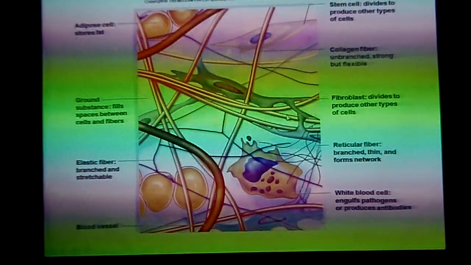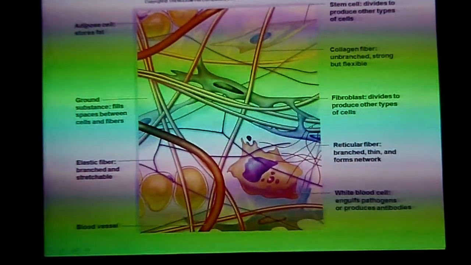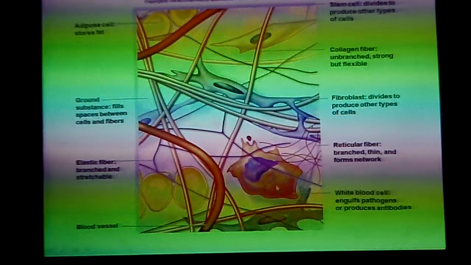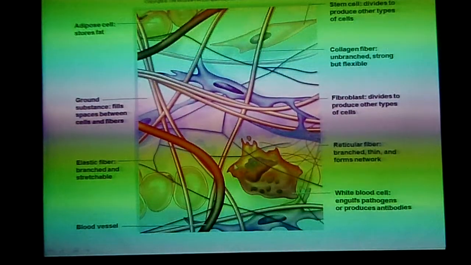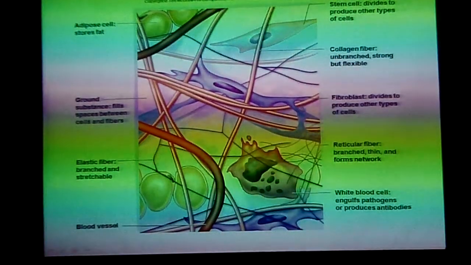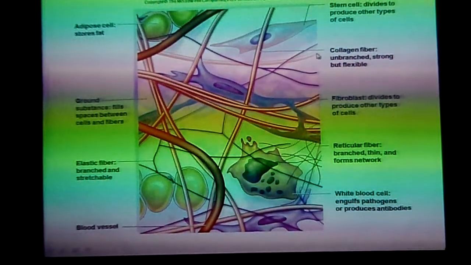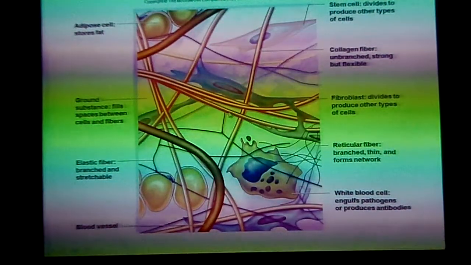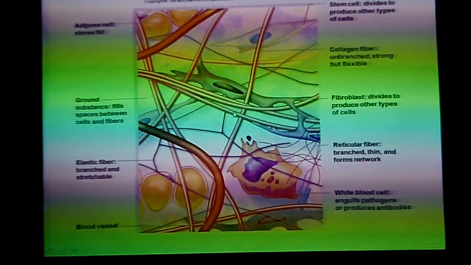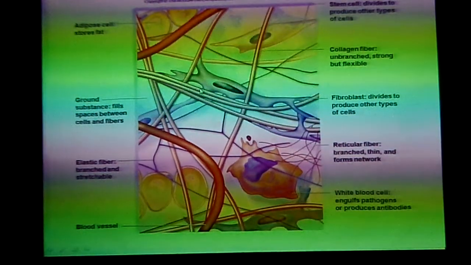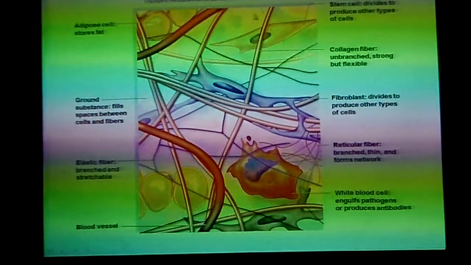It's got a bunch of cells in it, and there's a white blood cell that eats pathogens, bad things that are floating around there. And it's got fibers in it that keep the underlying layers of the skin stretchy. If you pull on your skin, it'll bounce back.